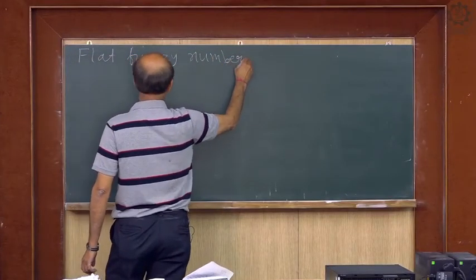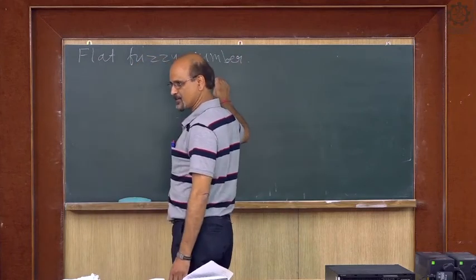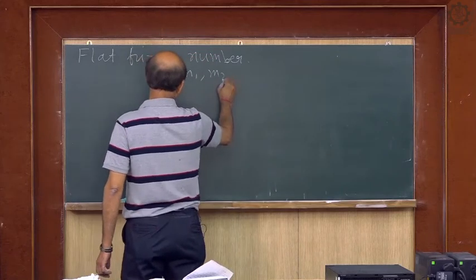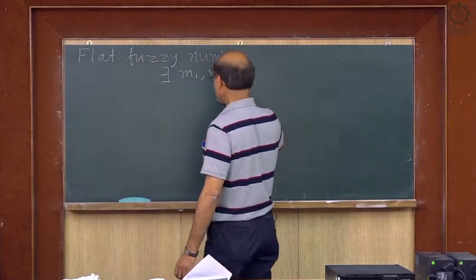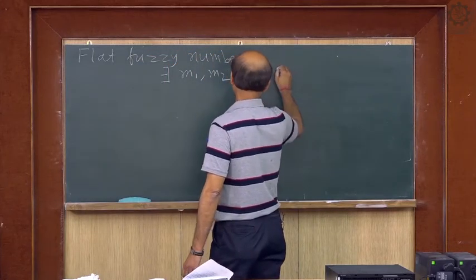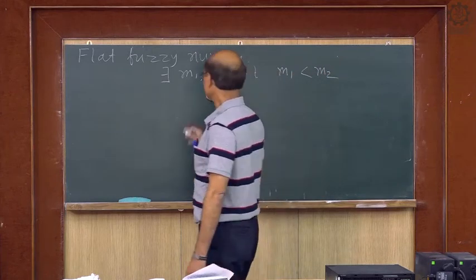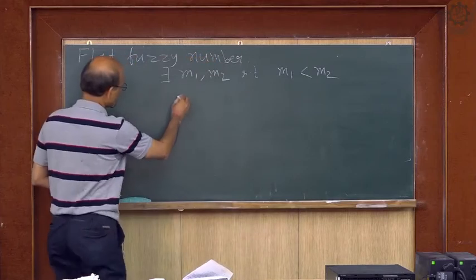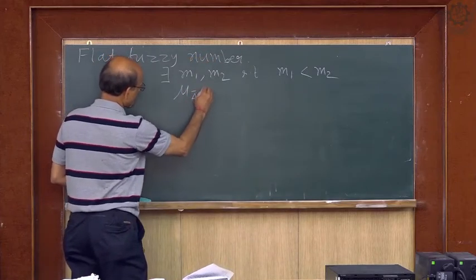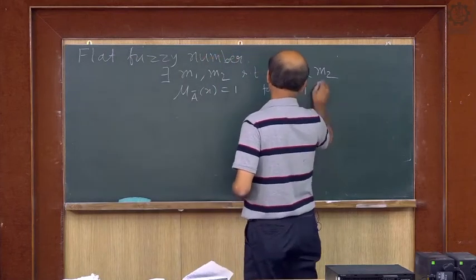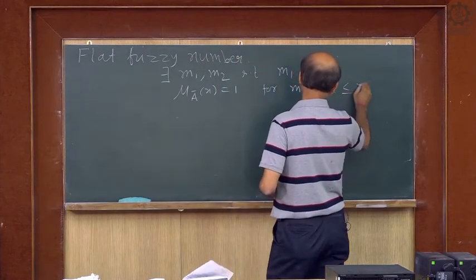Here there exist two real numbers m1 and m2 such that m1 is less than m2. Then we have mu A bar x equal to 1 for m1 less than or equal to x less than or equal to m2.